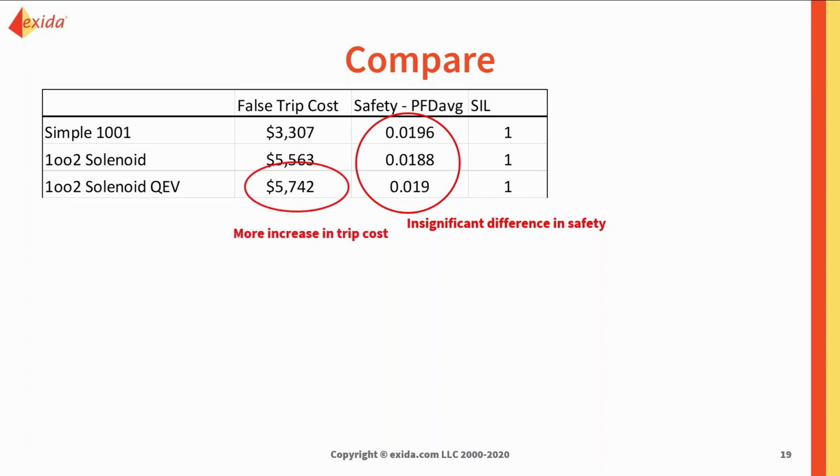And it's even higher. So as you can see, the costs are just going up where the benefits are seeming to be missed. Now, once again, we know that there are some applications where you need to have a quick exhaust valve. But if you're just relying on that to drop your safety without adding to your false trip rate, this might not be your best plan.